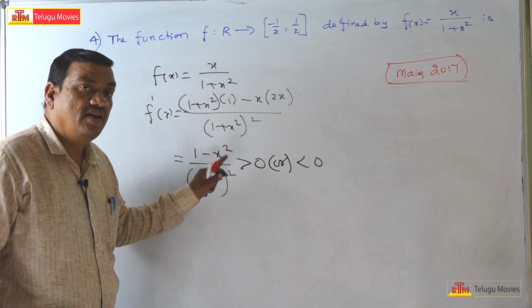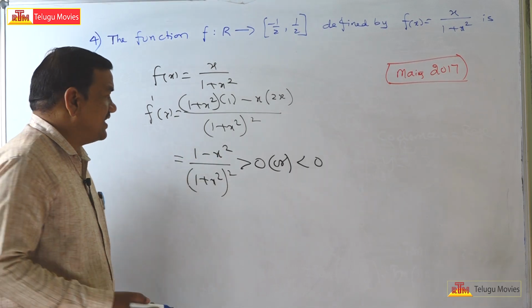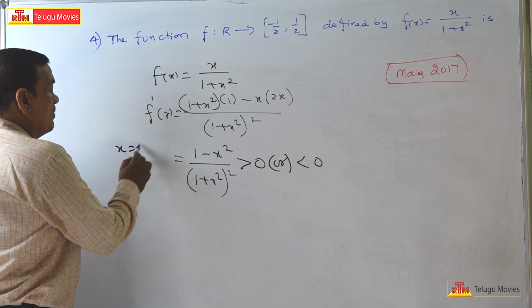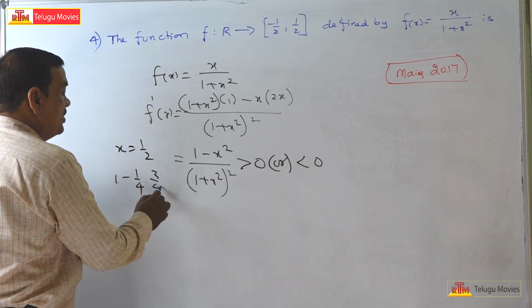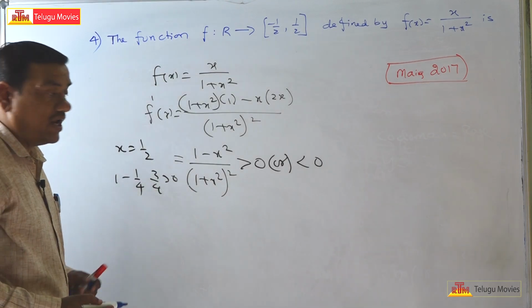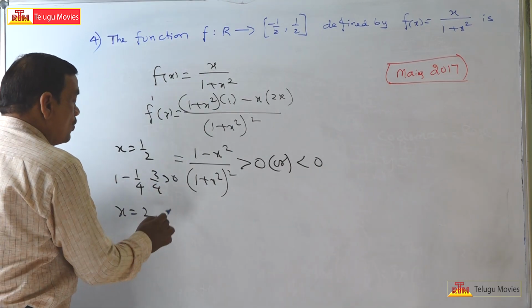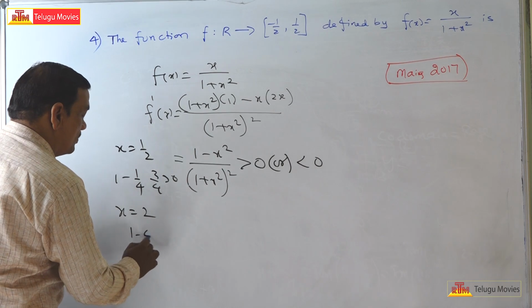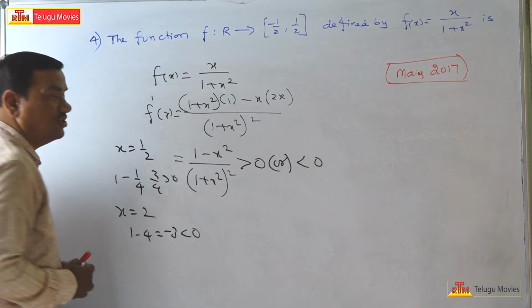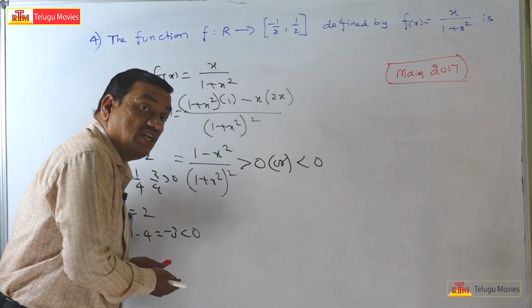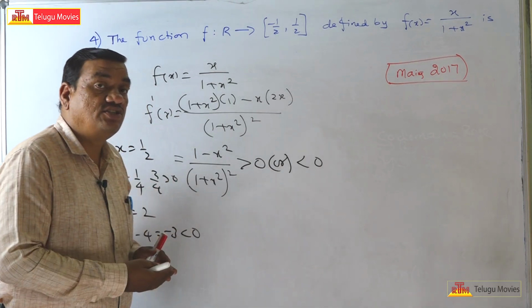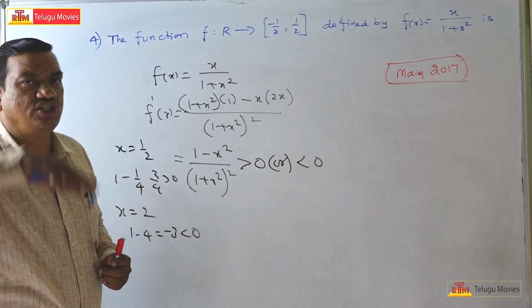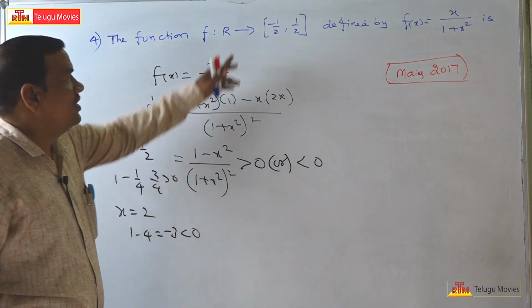Coming to the numerator, for example, if you take x is equal to 1 by 2, so 1 minus 1 by 4, that is 3 by 4, it is greater than 0. Now, for example, if you take x is equal to 2, 1 minus 4, that means minus 3, less than 0. Understand? So for some set of values it is greater than 0, for some set of values it is less than 0, that means it is increasing, decreasing, increasing, decreasing, it is going on.